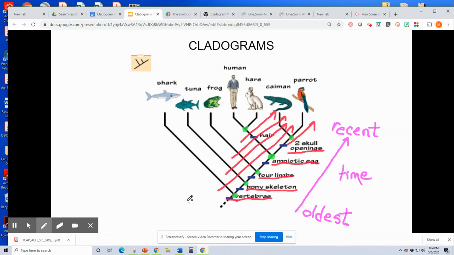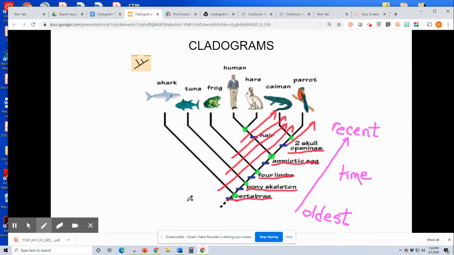Okay. Now, this is important for a couple of reasons. One type of question that you guys will be asked when you look at cladograms is they like to ask you about how closely related things are based on the cladogram you're looking at. So in general, the closer together 2 organisms are on the cladogram, the more closely related they are from an evolution standpoint, meaning the more DNA they have in common, the more characteristics they have in common.